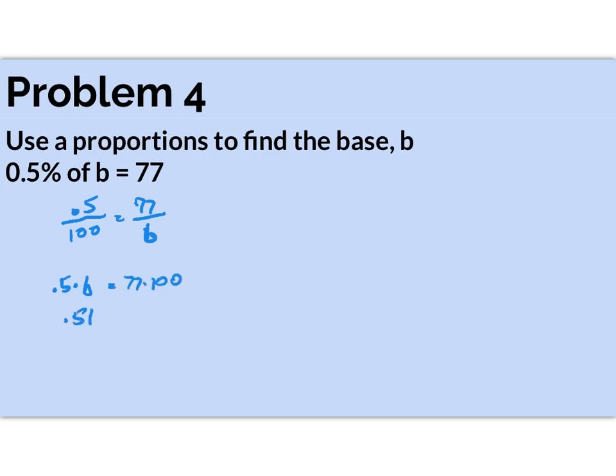So you get 0.5b equals 7700. Divide both sides by 0.5 to get rid of it, because division is the opposite of multiplication. Okay, 7700 divided by 0.5 is 15,400.